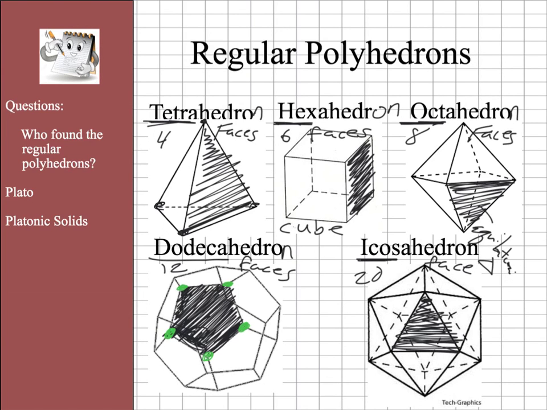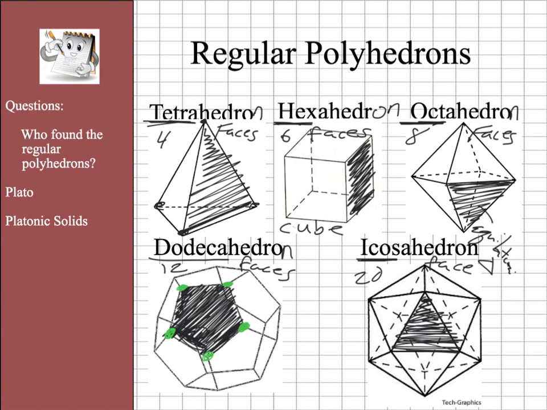Hexahedron, right? We did that one slightly during warm-up. It has 6 faces, has 8 vertices. How many edges would it have? 6 plus 8 is 14, minus 2, 12, right? Octahedron, right?